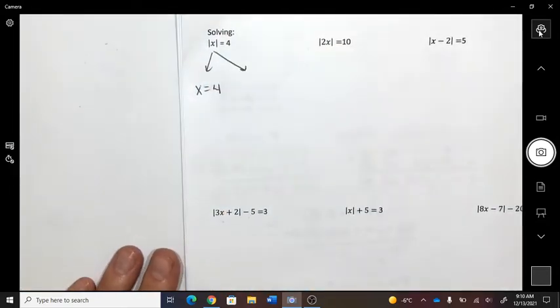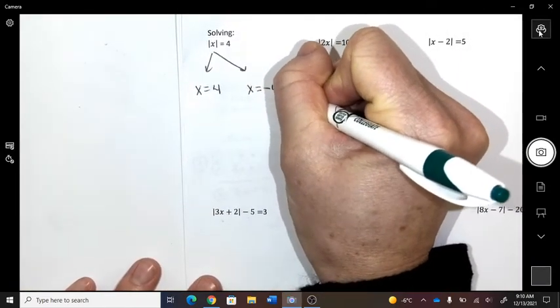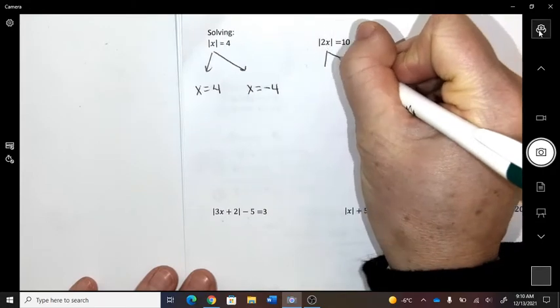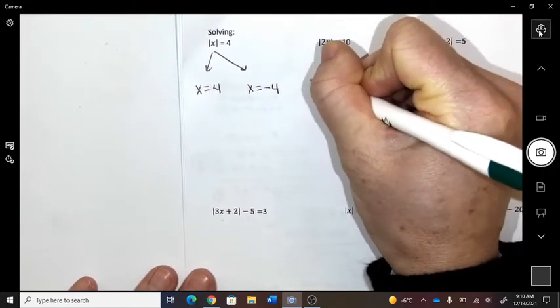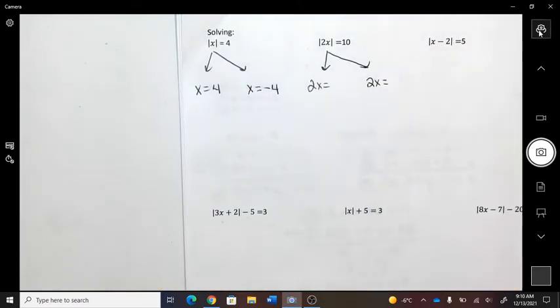What else could I absolute value that would turn into a 4? What about a -4? Does that work? The absolute value of -4 turns into a 4. Okay.